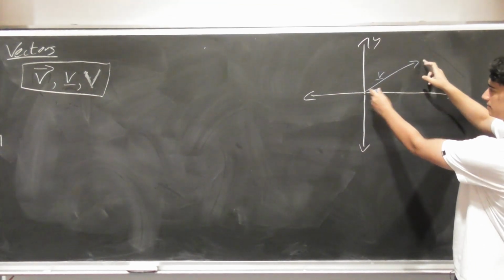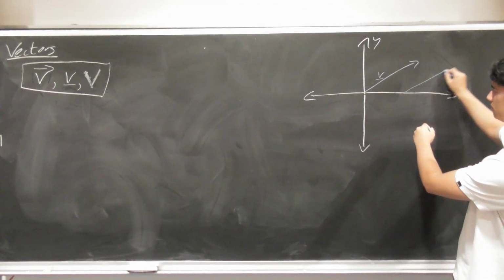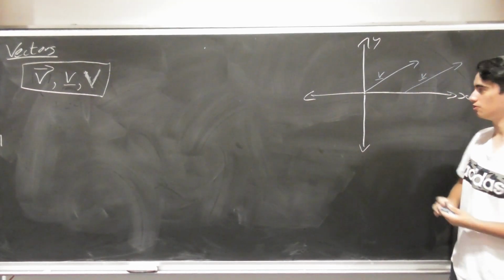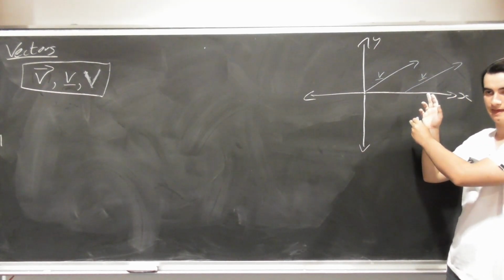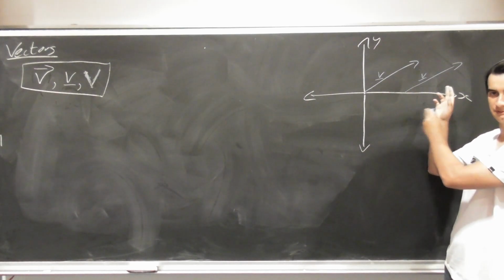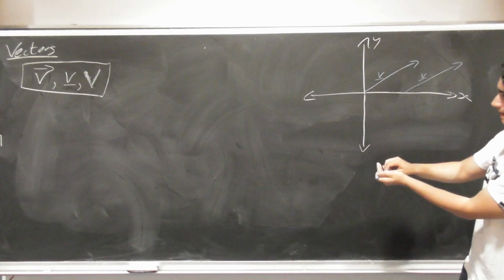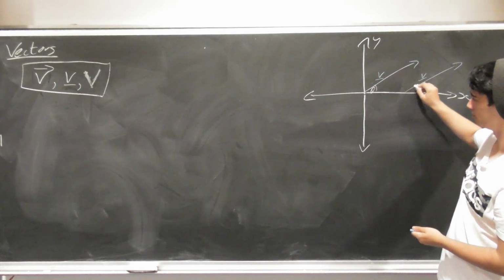If we took this and moved it along a bit, this is really the same vector. It's still moving in the same direction.